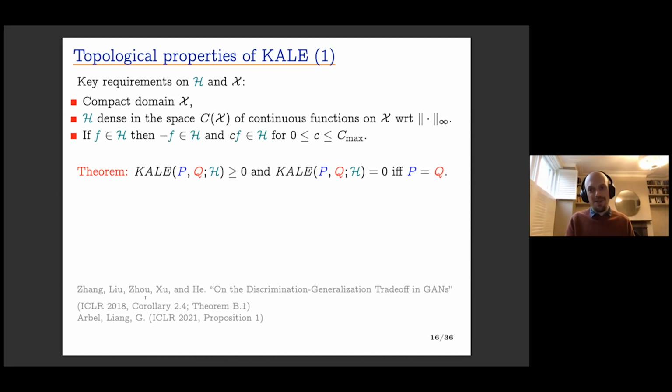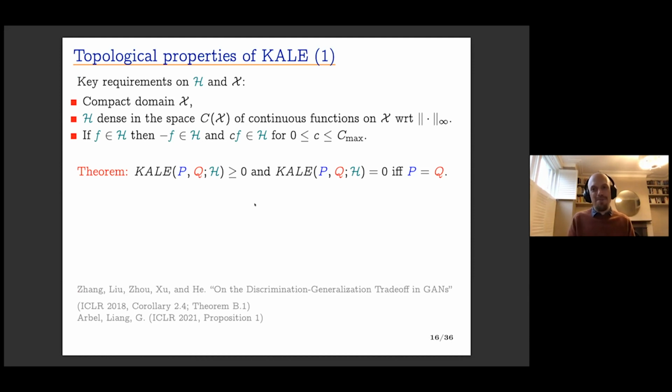If these functions are rich enough, then they will be able to detect any difference in P and Q. In particular, let's say that we are on a compact domain. Then my H has to be dense in the space of continuous functions, so it needs to be arbitrarily close to continuous functions on this compact domain. If that is the case, then we can be sure that KALE is 0 only when P and Q agree.